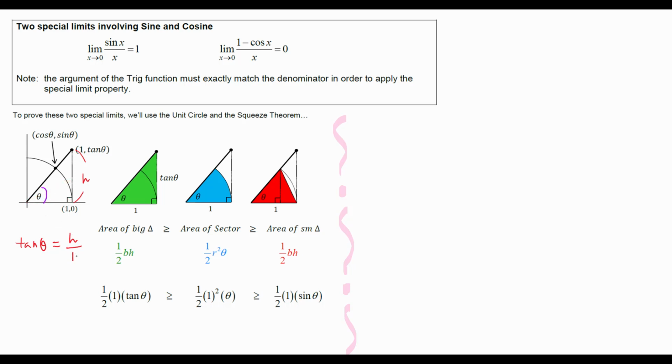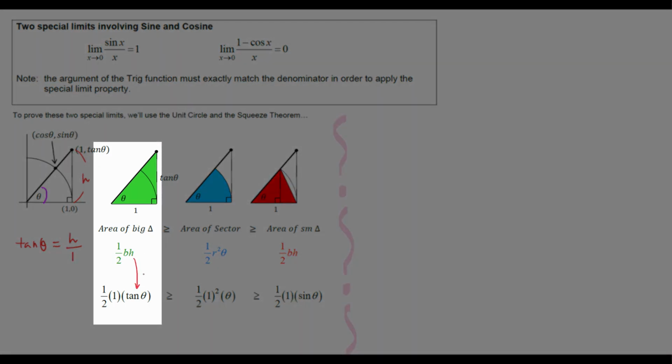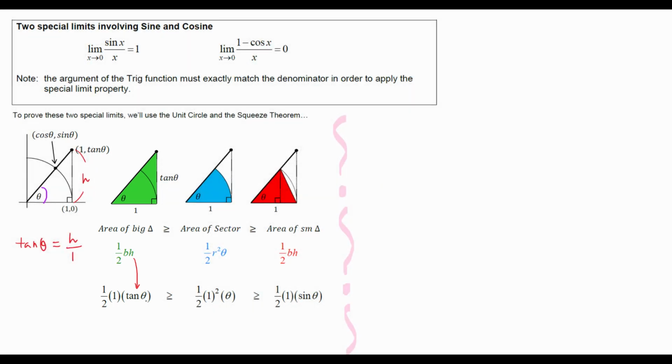So h over 1, which is h, is equal to tangent theta, and that's where this height came from. So the area of the green region is 1/2 times 1 times tangent theta.